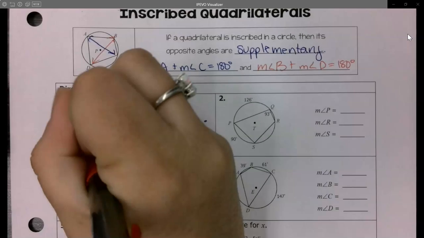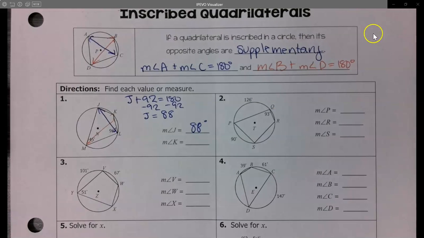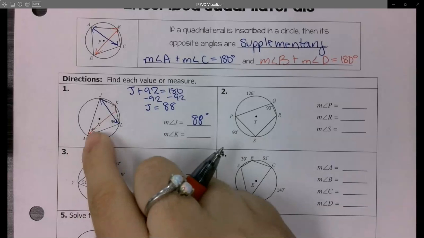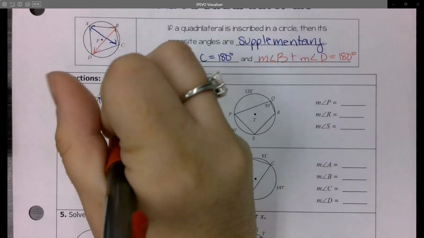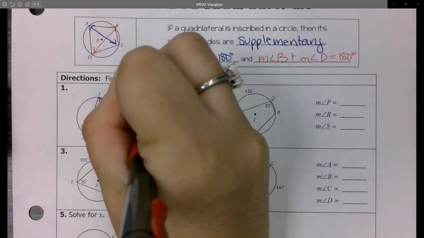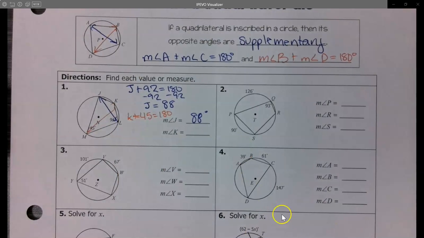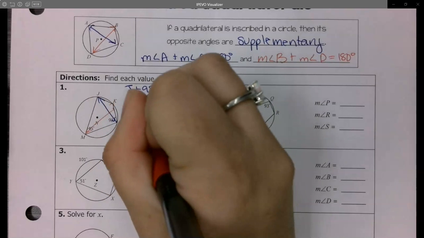Okay. Then I want to do the same thing over here. I have M across from K. So this one is across from M, so I'm going to add it to M and set it equal to 180. So then I want to go ahead and subtract 45 on both sides.